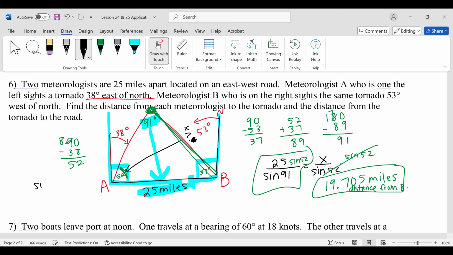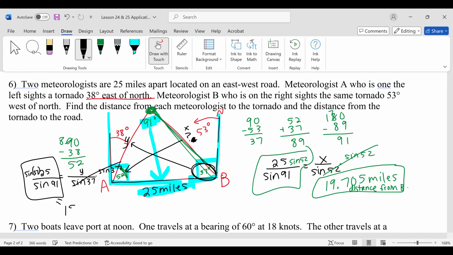I'll do sine 91 with 25 and sine of 37, because that is across from this side. I'll call it Y. Multiply both sides by sine of 37. Type this into your calculator and you will get 15.048 miles.